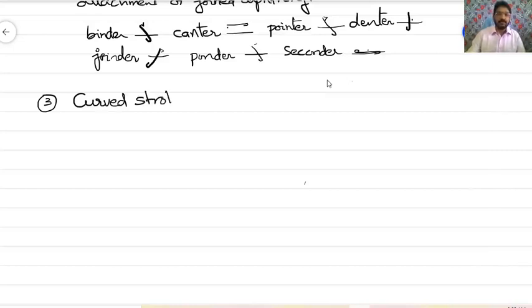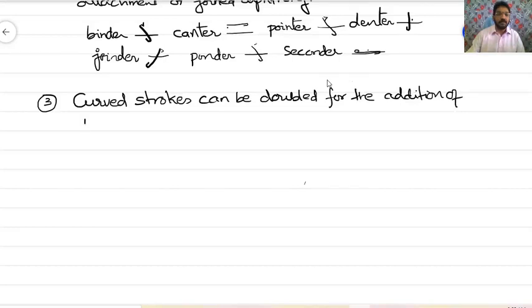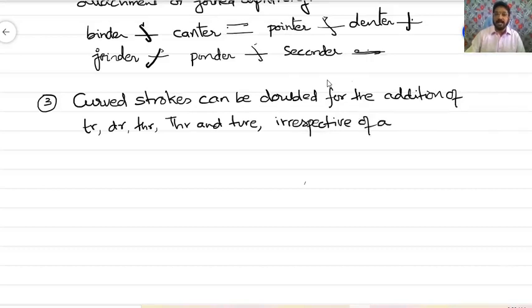Curved strokes can be doubled for the addition of tar, dar, thar, dhar and tur, irrespective of attachments, means they can be doubled even while standing alone.